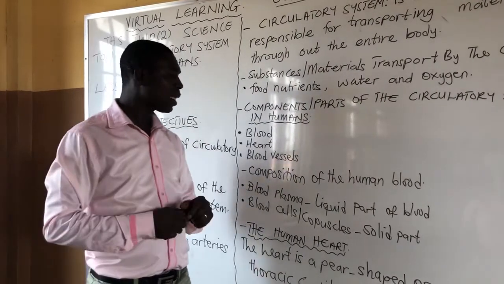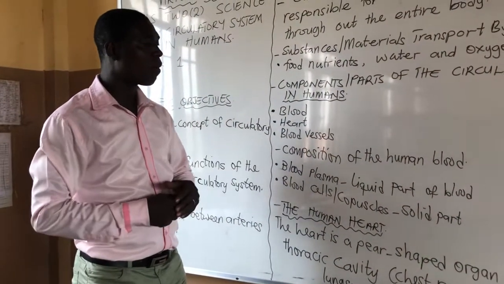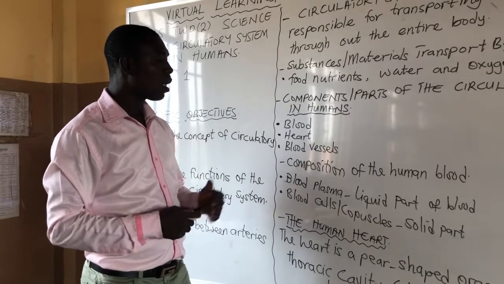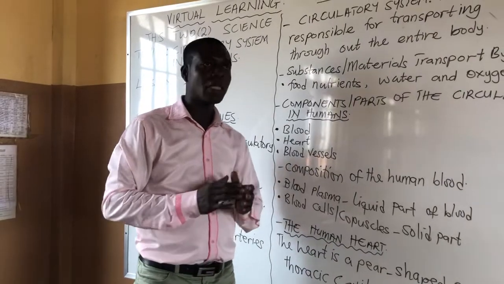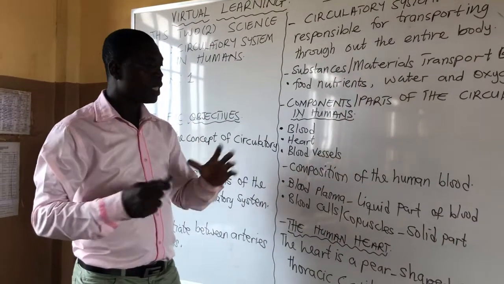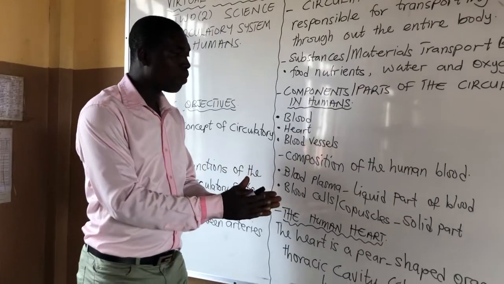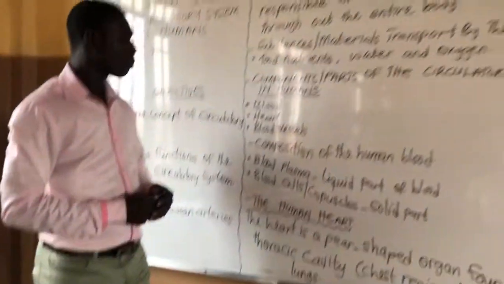We also have the blood cells or corpuscles, which form the solid part of the blood. So it means that blood is composed of solid materials and liquid materials.